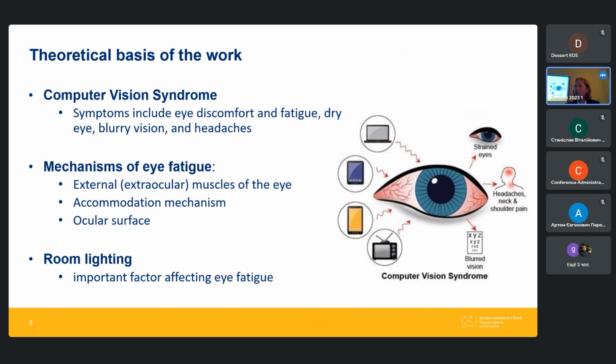The mechanism of eye fatigue involves the external muscles of the eye, the accommodation mechanism, and the ocular surface. An external factor we consider in this study is room lighting. Lighting is an important factor affecting eye fatigue.